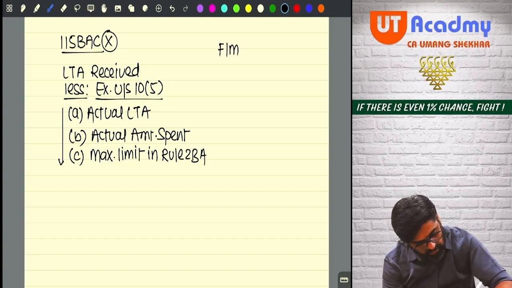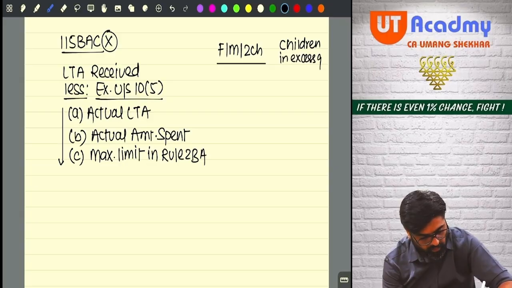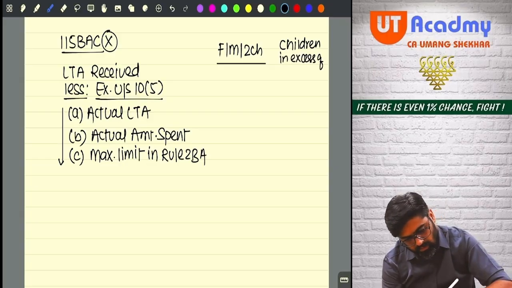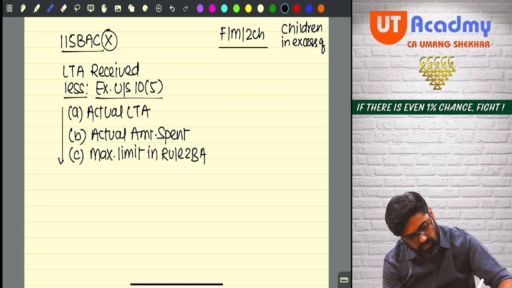So I will write down for father, mother and 2 children LTA, and for children in excess of 2 children.